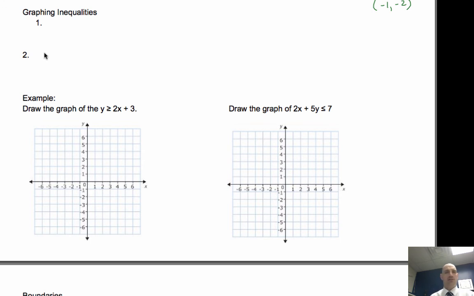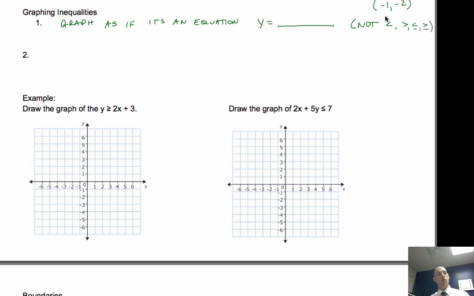To graph inequalities, first step is graph as if it's an equation. Y equals something, okay? And that would mean not less than, greater than, less than or equal to, greater than or equal to.